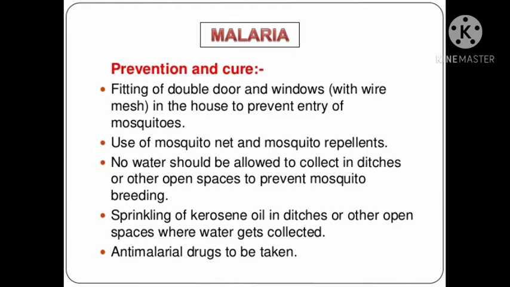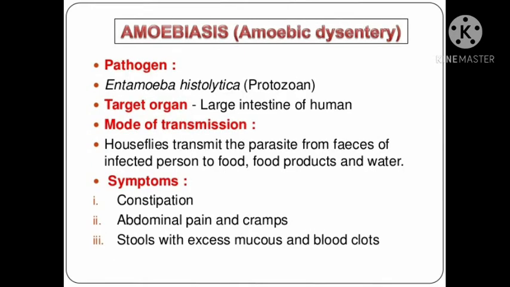Let us next look at the next protozoan disease, that is amoebiasis. Amoebiasis, or commonly called amoebic dysentery, is caused by the protozoan Entamoeba histolytica. This protozoa is present in water.